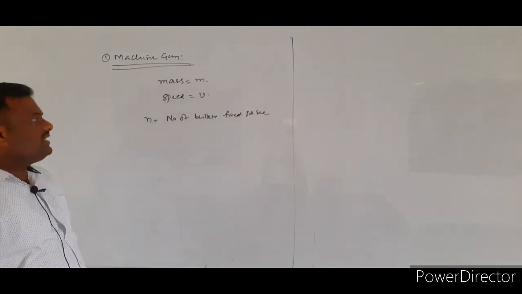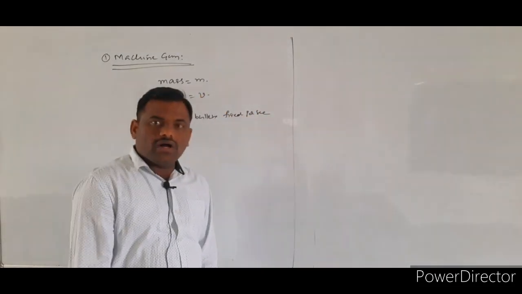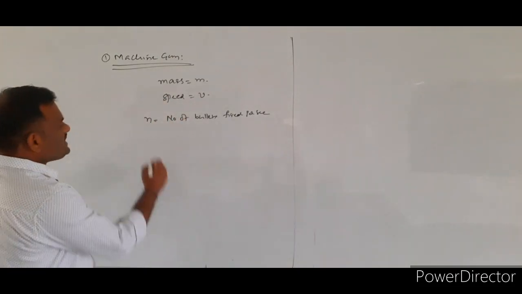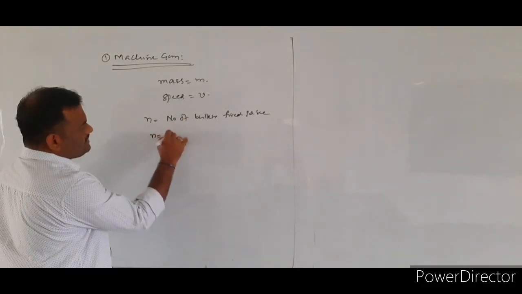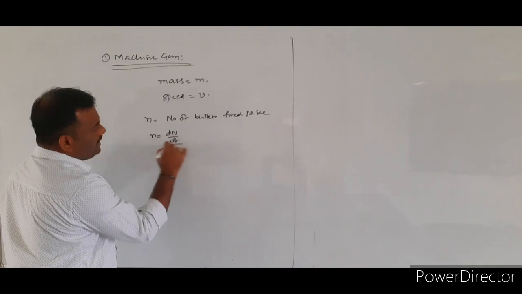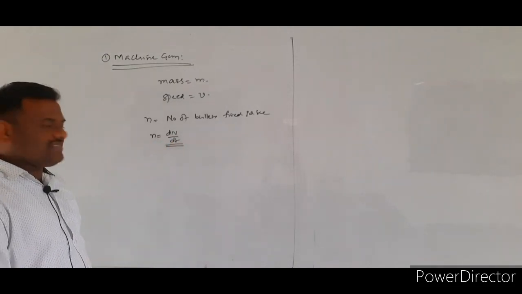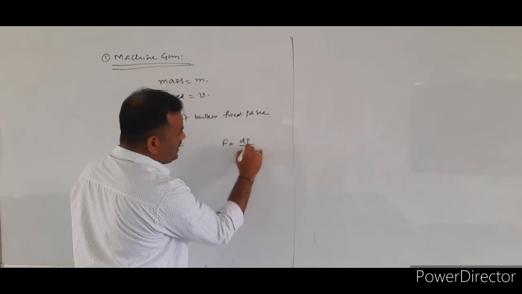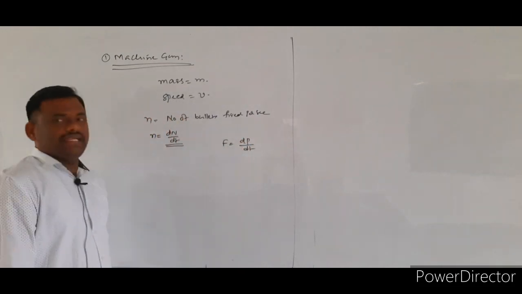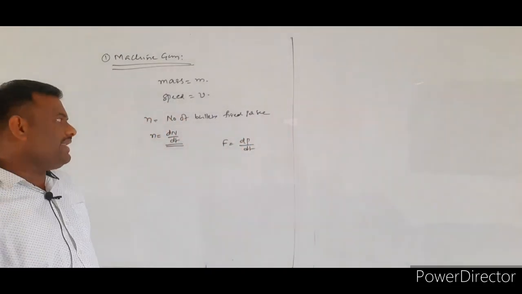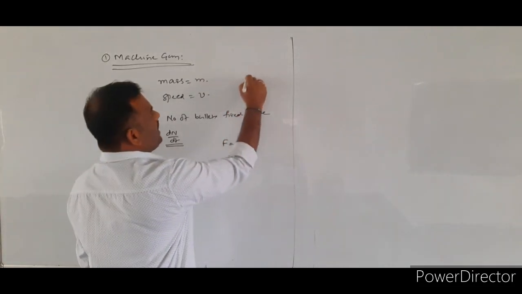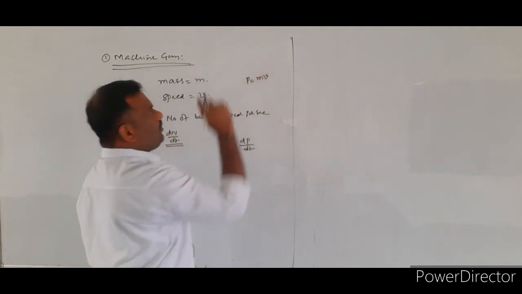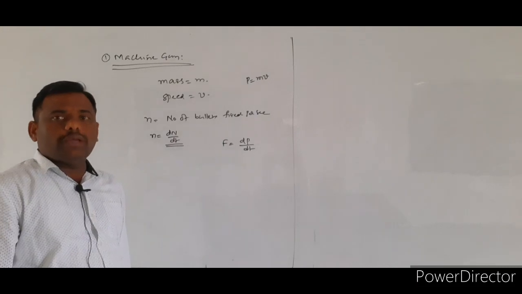So, this is related to Newton's second law, as we already said. Small n can be defined as dn by dt, the number of bullets fired per second. The general formula for Newton's second law is F is equal to dp by dt. If one bullet is fired, its momentum is P is equal to m into v.